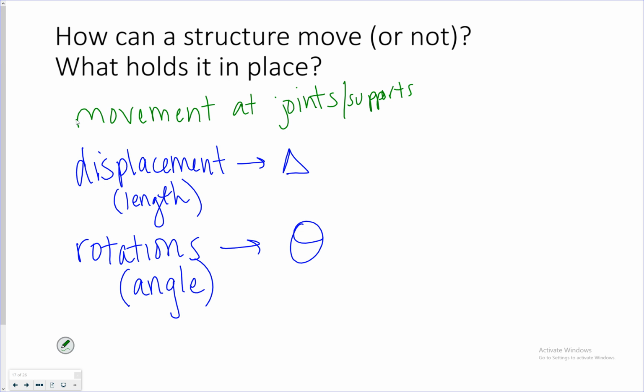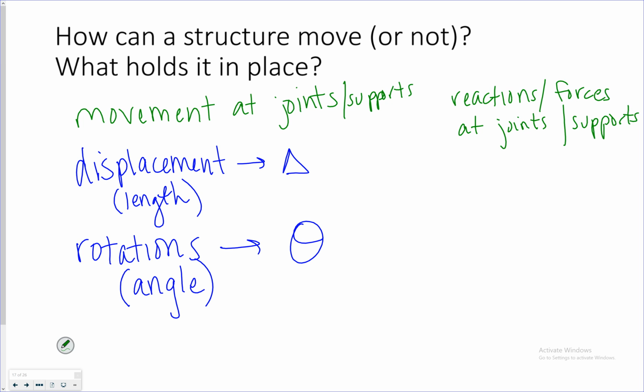Conversely, what holds something in place? Those would be our reactions. The reactions or forces at joints, supports.